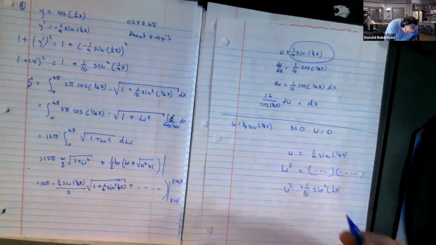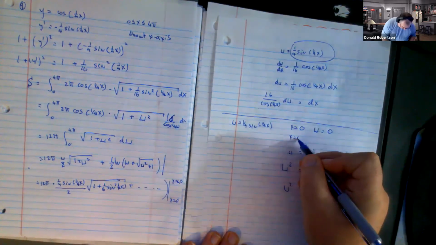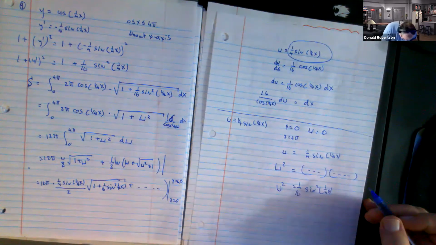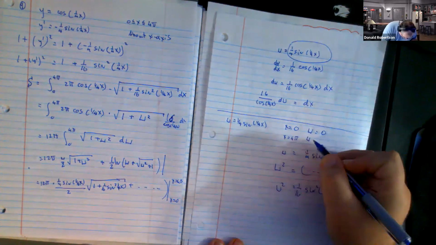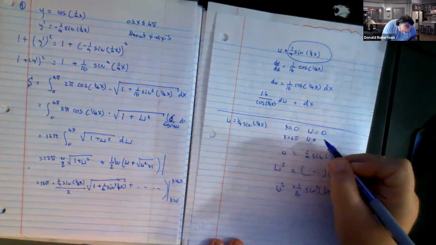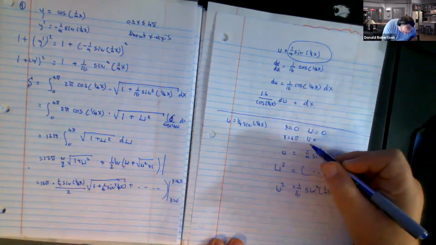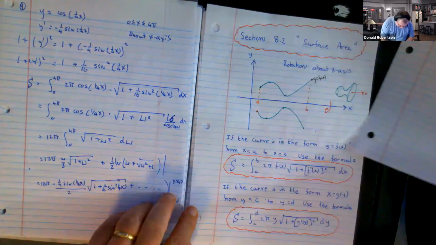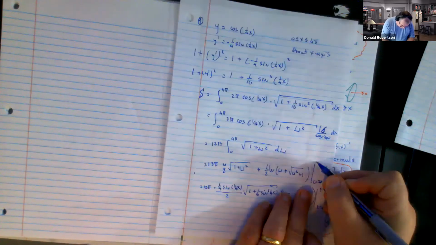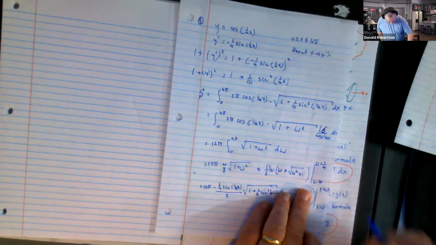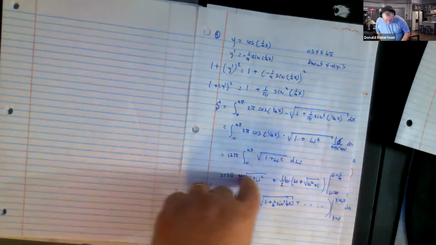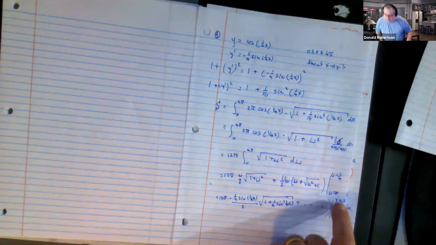And when x is equal to 4 pi, then u would equal 1/4 the sine of pi, which is equal to 1/4. So you could change the limits of integration from u equals 0 to u equals 1/4 and plug them into that, which is probably a little bit nicer than plugging into this converted version.